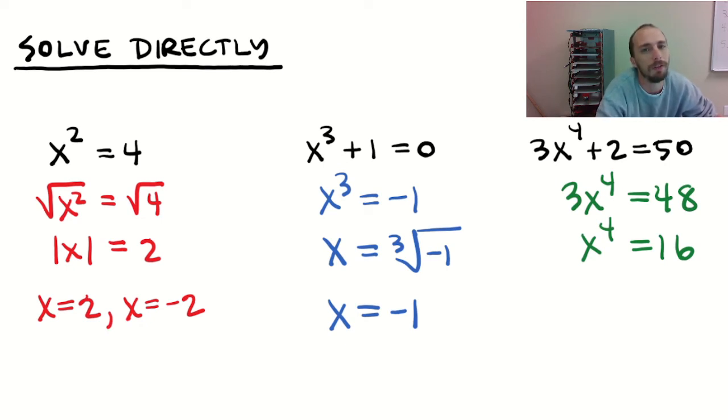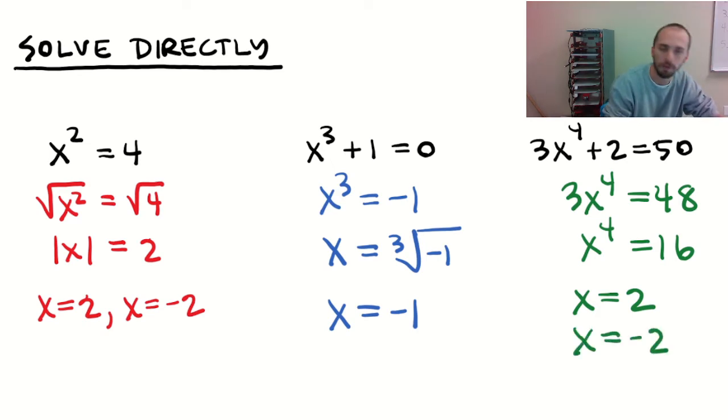Think to yourself, what's a number that I can take to the fourth power and get 16? And 2 to the 4 is 16. Then think to yourself, are there any other values of x that I could take to the fourth power and get 16? And I feel like -2 to the fourth should also be 16. Okay, so that's a way that we could solve directly.